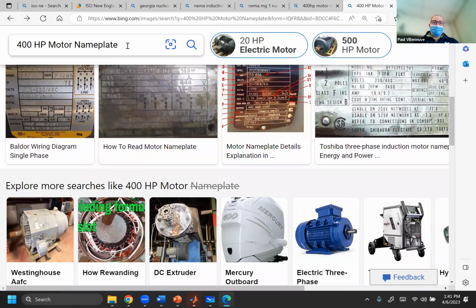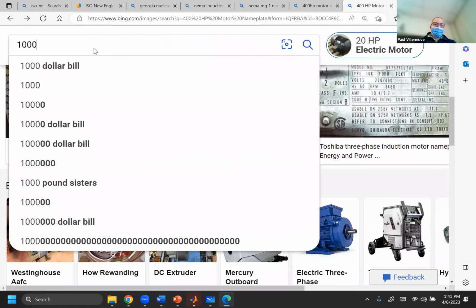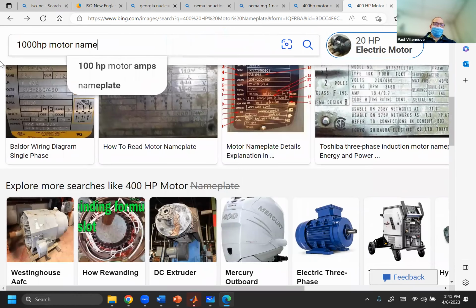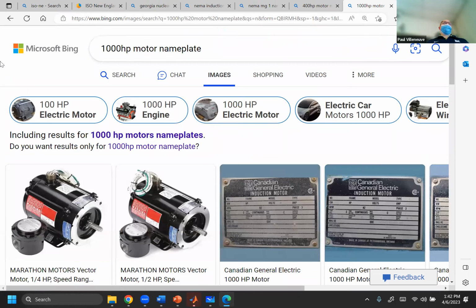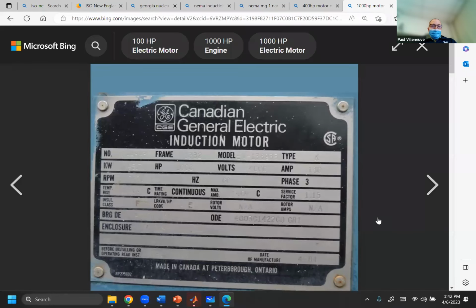Let's go 1,000. No, the NEMA stuff is just basically for electric motors. I don't believe that they include anything from there. So here's 1,000 horsepower. I don't know if you can see that, 4,000 volt.